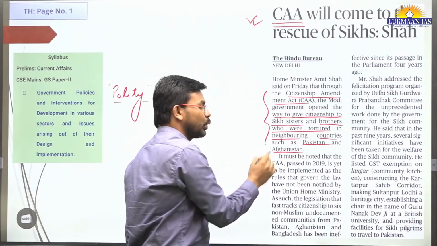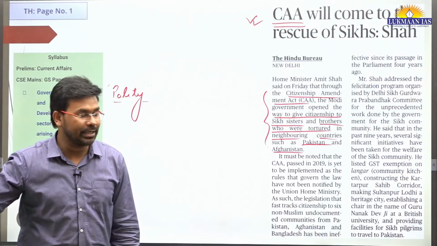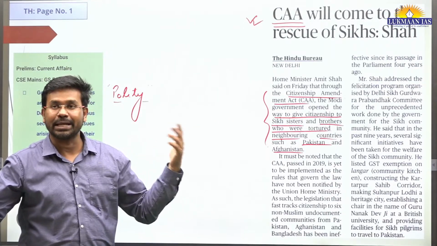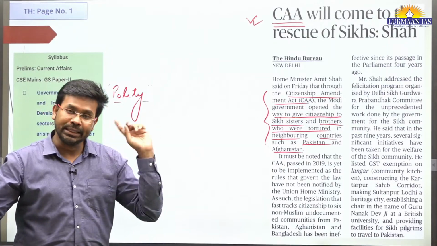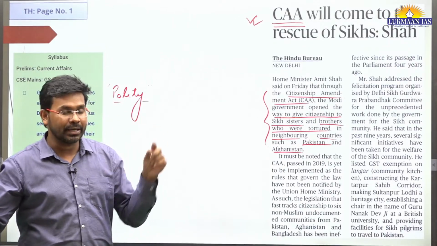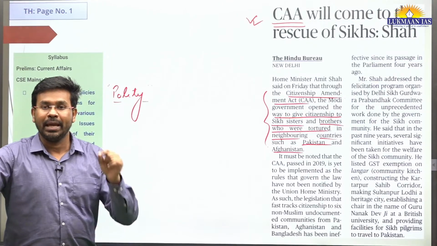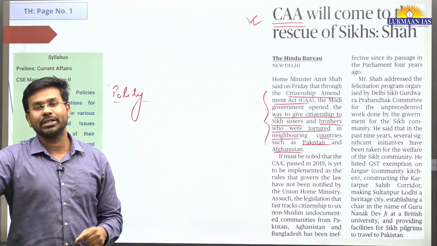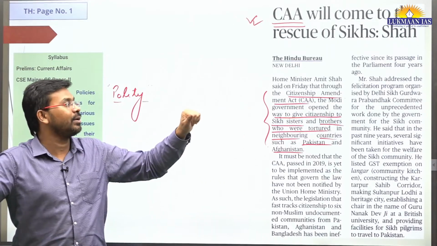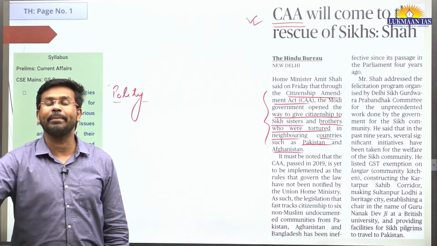Those people who are a minority in neighboring countries like Pakistan and Afghanistan, whose citizenship has been taken away in those countries, can return to India and will be given citizenship in India under the Citizenship Amendment Act.